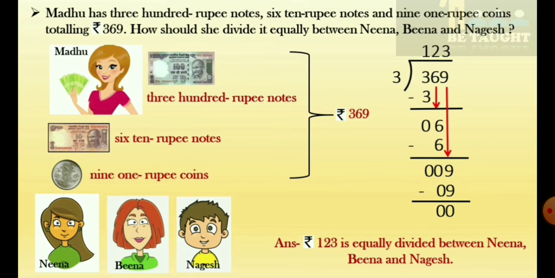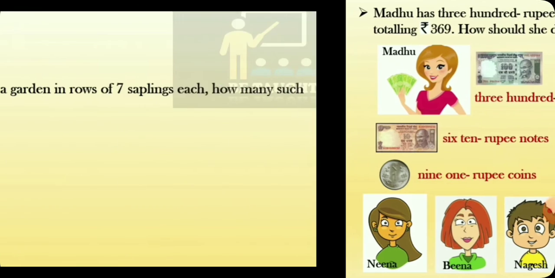My quotient is 123. That means my quotient is my answer. That means Nina will get 123 rupees, Beena will get 123 rupees and Nagesh will get 123 rupees. So my final answer is that 369 rupees is equally divided between Nina, Beena and Nagesh, 123 rupees each.